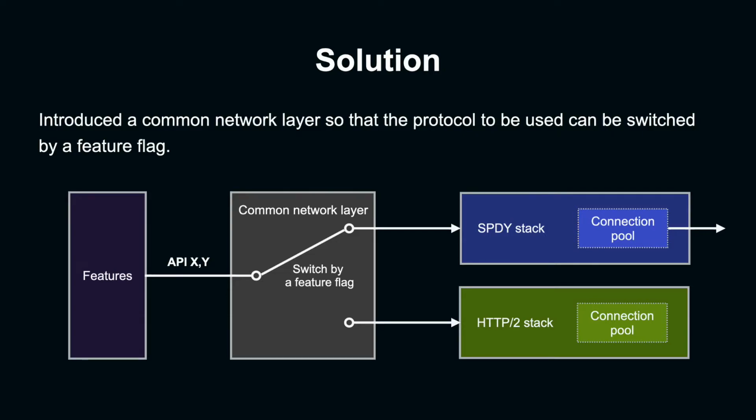The feature flag switches whether this common layer uses SPDY or HTTP2. This allows you to switch between SPDY and HTTP2 in the app in one go. The unused side of the network stack will not have any connections, so the number of connections on the server side will not double.